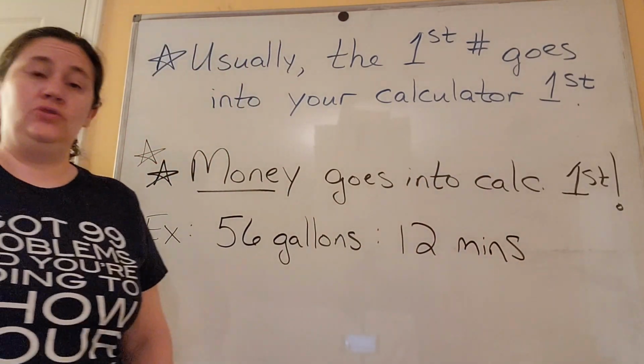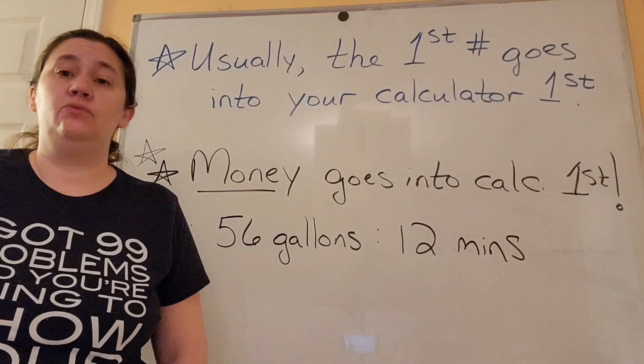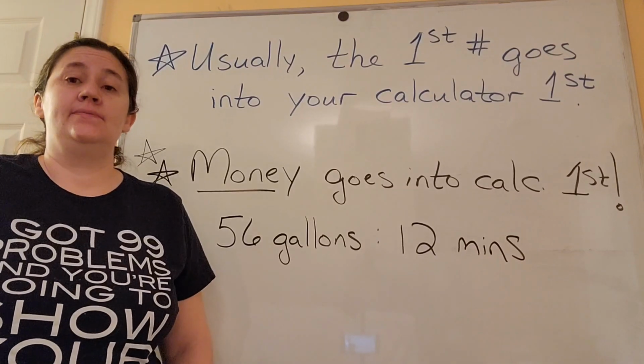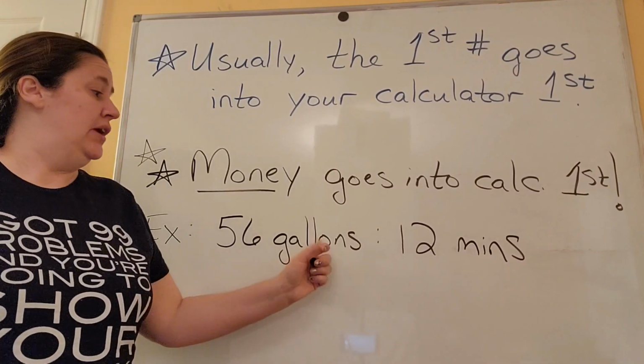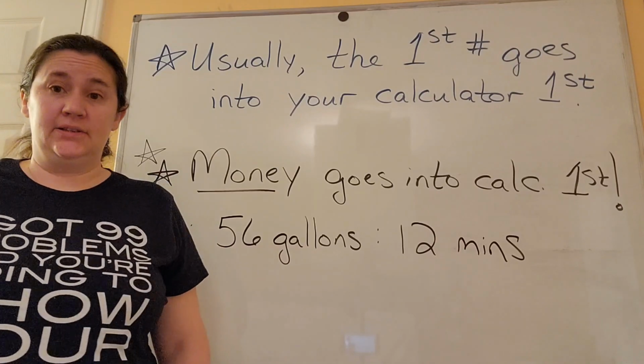That's a rate. You poured out 56 gallons of water in 12 minutes. And your textbook tells you to find the unit rate.